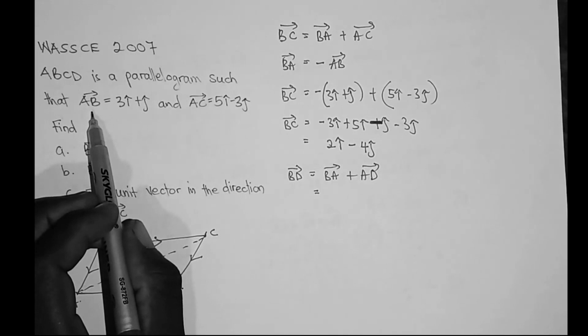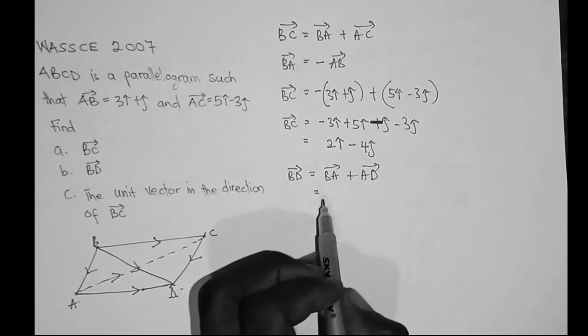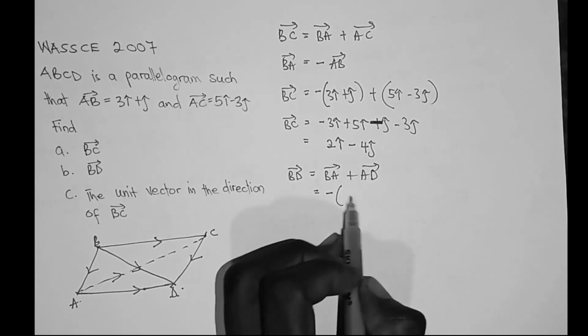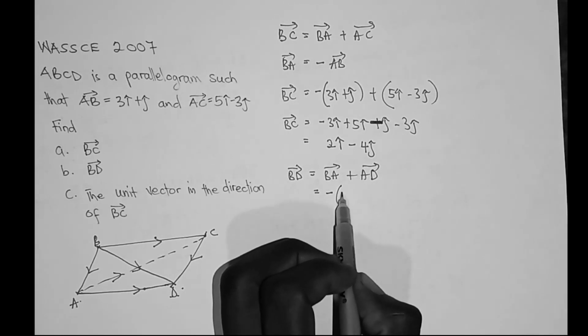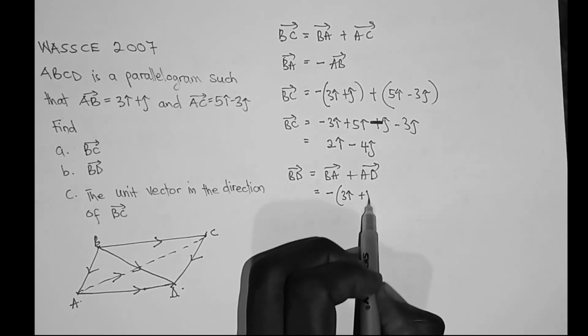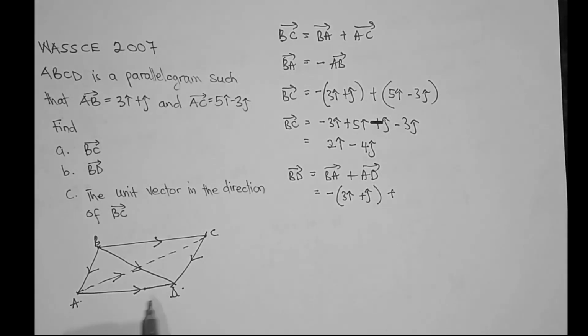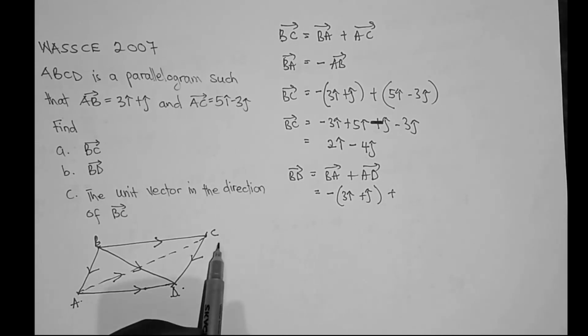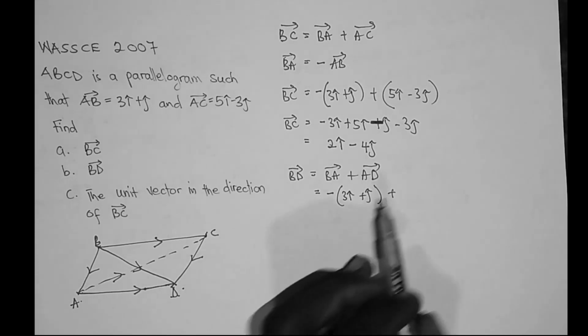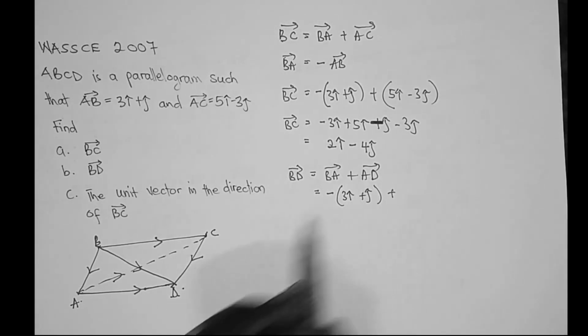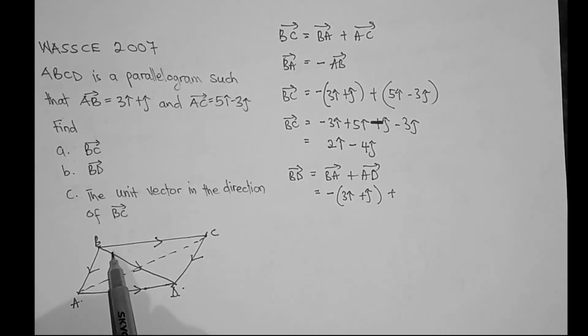We're given AB, so BA is just the negative of that, which is minus into brackets 3i plus j, then plus AD. However, since it's a parallelogram, you can see that AD is equal to BC, because those two vectors are parallel vectors, and therefore we could replace AD with the vector BC.